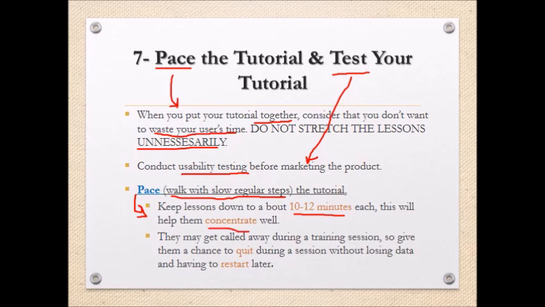Also, they may be called away during the training session, so give them a chance to quit during the session without losing data and having to restart. فحاول انك تختصر الحجم lesson as you can, 10 to 12 minutes, so they can concentrate or focus on it, and give them the chance to stop at any time and come back to finish their work.